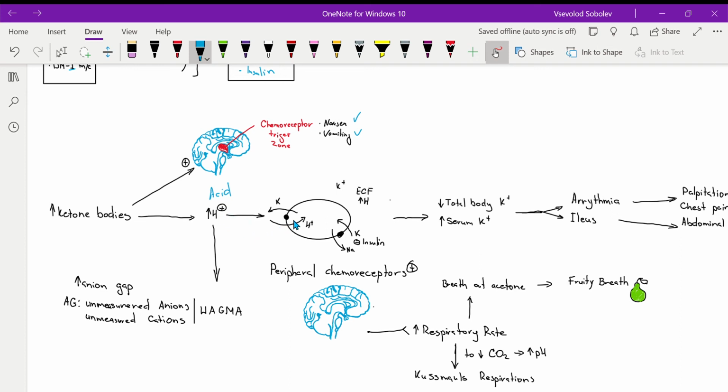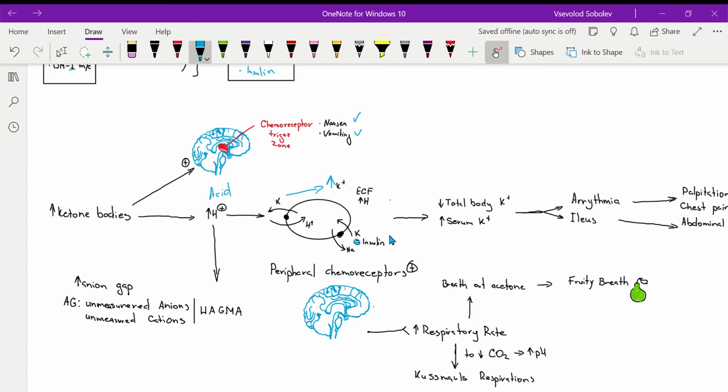pushing the hydrogens into the cells, but in exchange for hydrogens, the cells release potassium. Usually, the insulin will assist those pumps to push potassium in exchange for sodium into the cells, but since the insulin is not available, the body is unable to push potassium back inside the cells, and this leads to increased potassium in the extracellular fluid.